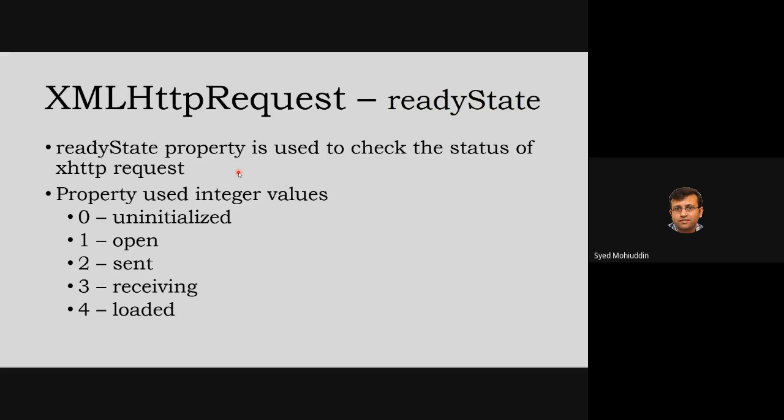Third means it is still receiving data from the server. And fourth means it is received and loaded. The data sent by the server has been loaded. So once the data is loaded, only then will we be able to process that data.